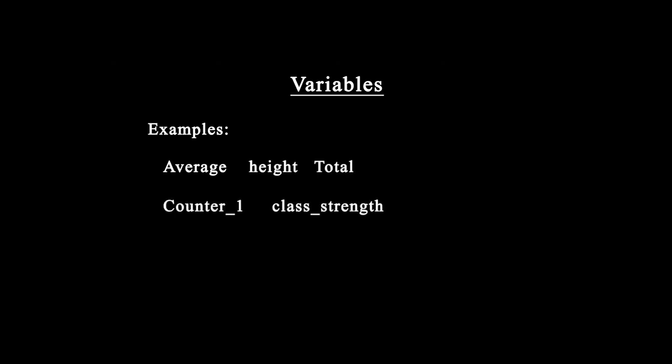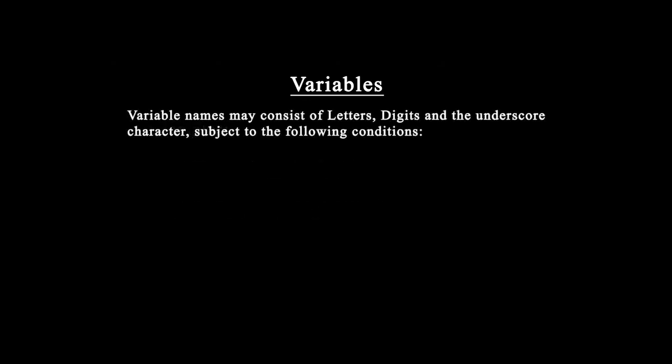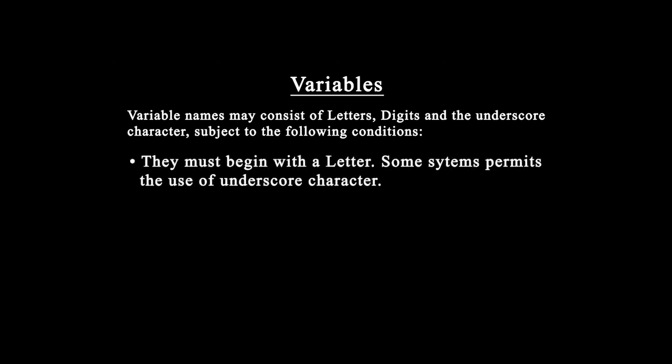Some examples of such names are average, height, total, counter1, class, strength. And as I mentioned earlier, variable names may consist of letters, digits, and the underscore character subject to the following conditions. First condition is they must begin with a letter. Some systems permit underscore as the first character, but usually we should begin our variable name with a letter.